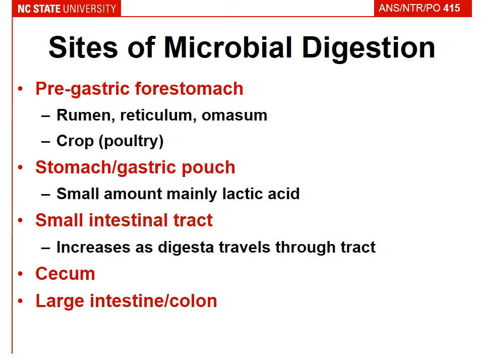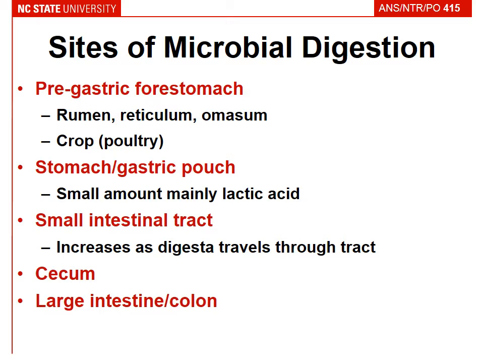They utilize the pregastric fermentation that occurs. And then there's also thought that the kakapo, the nocturnal parrot that's found in New Zealand, there's some research that shows that they may also practice some microbial fermentation that occurs within the crop.